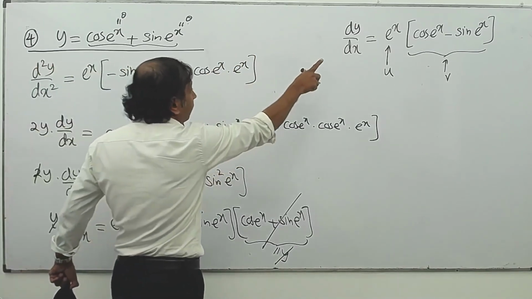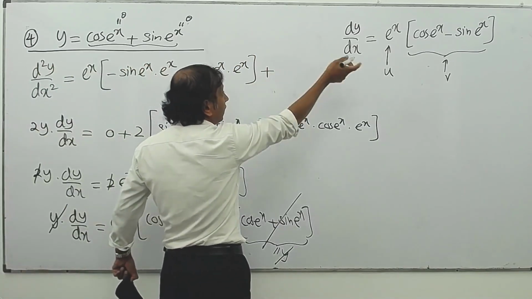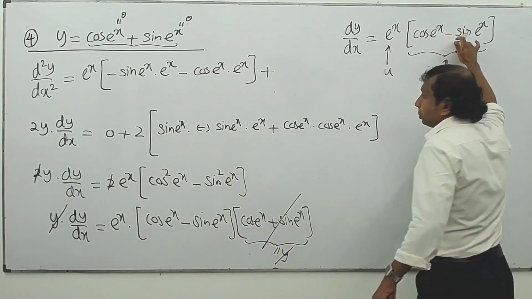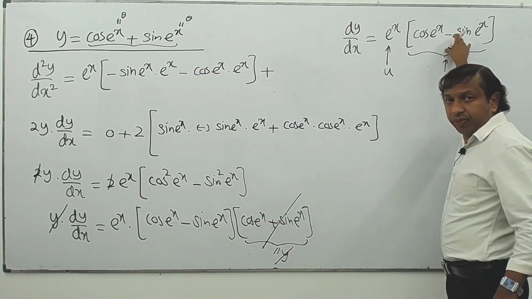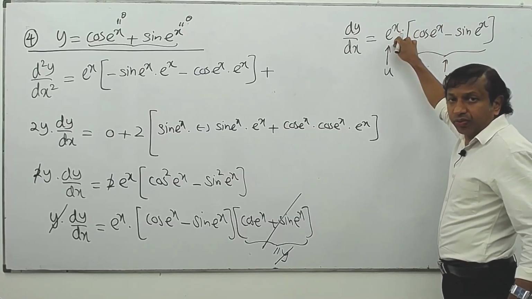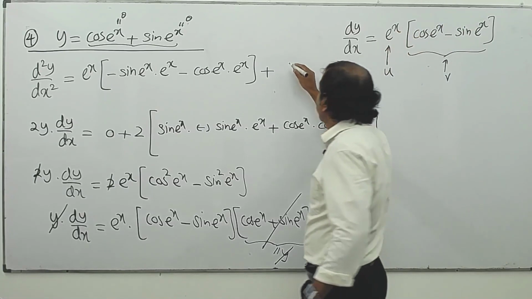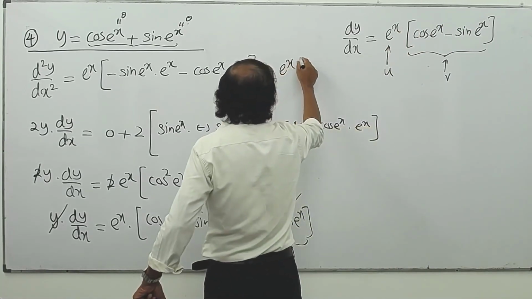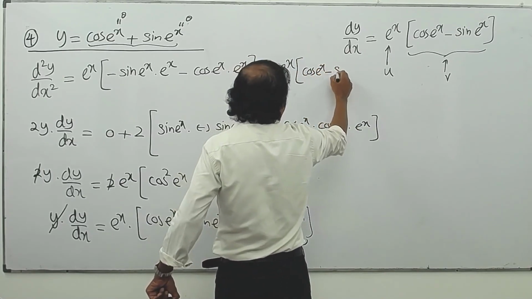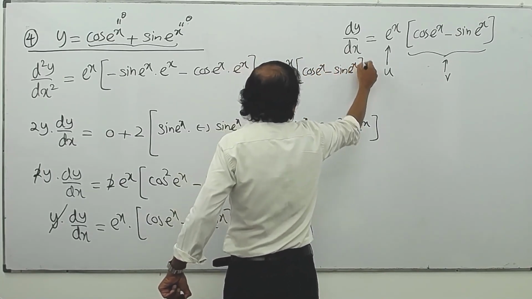We kept x the same and differentiated the other one. Then keep this the same and differentiate this x. Then what do you get? The same thing, derivative of x is x. x times cos x minus sin x.